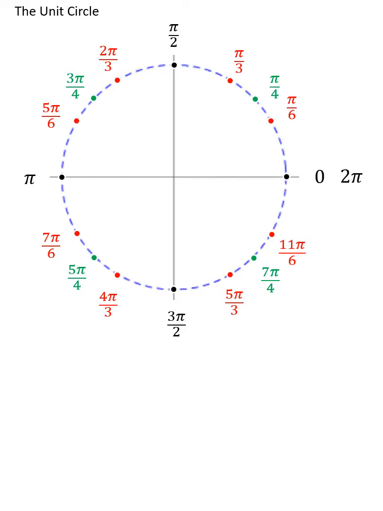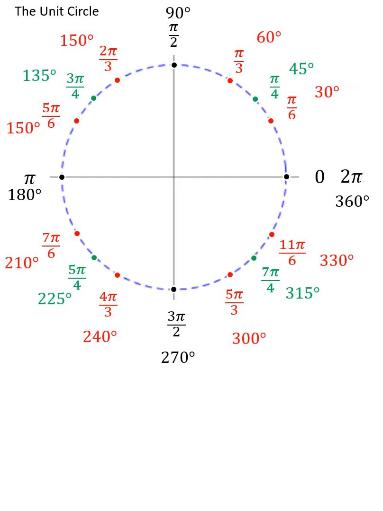You'll recall that for the multiples of pi over 4, you may see them in green, that we associated with each one an angle in degrees. And we can do the same for all of these. And so what you see here, if you can see green, red, and black points, is this. The green points are multiples of pi over 4. The red points are multiples of pi over 6.